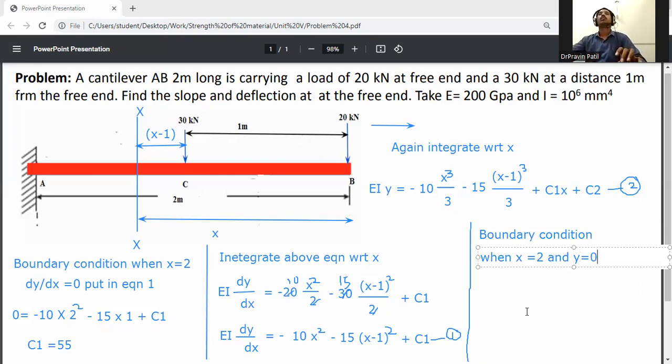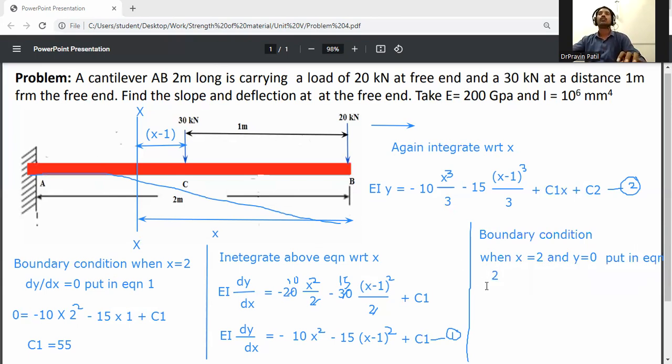Y is equal to 0 because the curve of this beam will be like this. So slope and deflection at A will be 0. When x is equal to 2 meter, x is measured from B distance. Put in equation number 2.